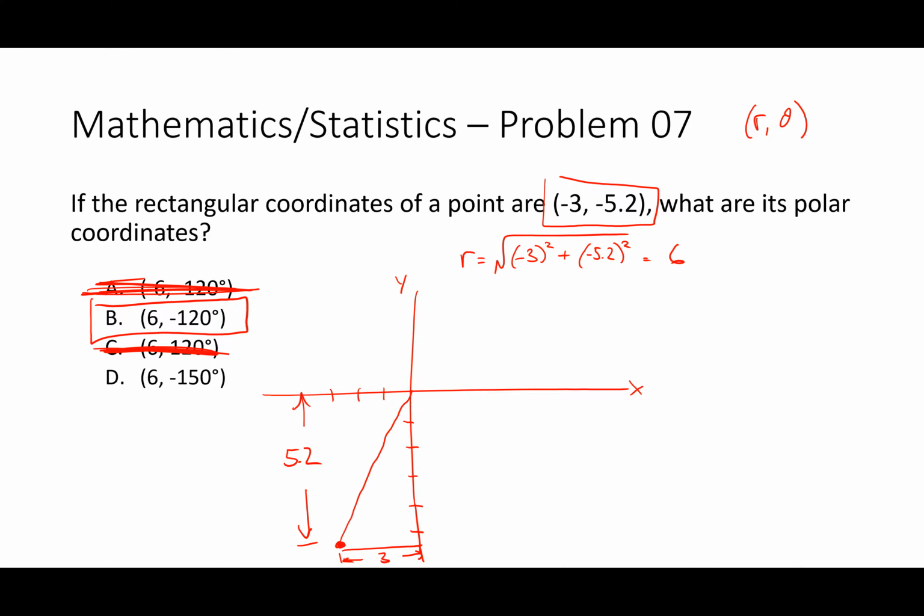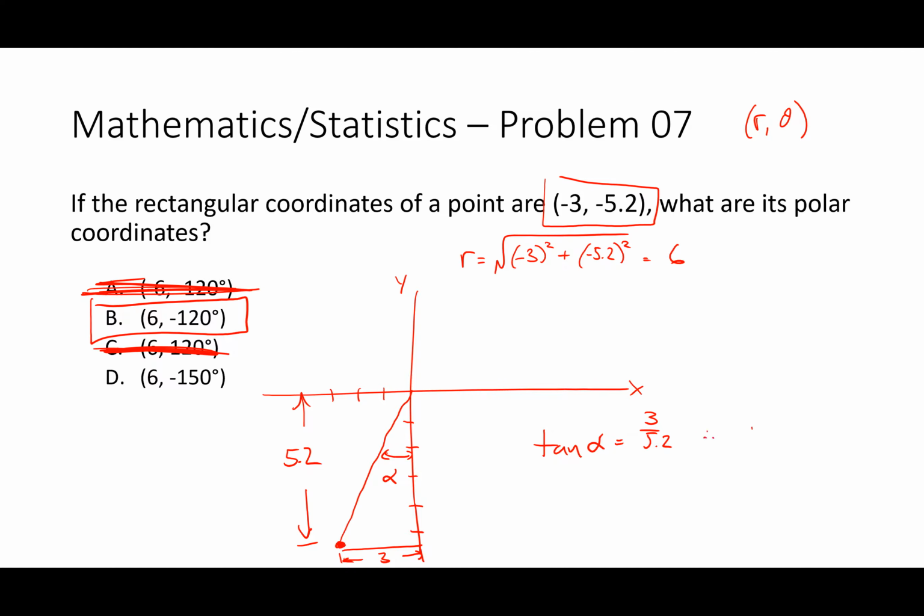Ultimately, if we're trying to find that angle right there, we know it's going to be 90 degrees plus whatever that is. Maybe I shouldn't use the term theta. Maybe I should use alpha or something. Well, the tangent of alpha is 3 over 5.2.